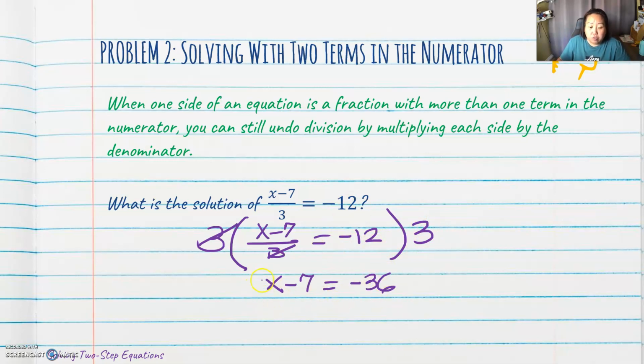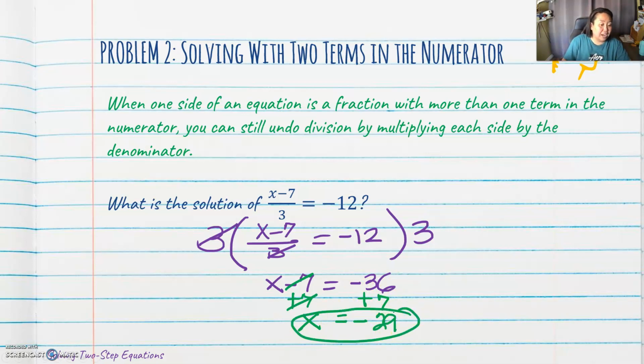To isolate our variable, we undo our minus 7, so we add 7 and add 7 also on the other side. Negative 7 and positive 7 is 0, which leaves us with x equal to negative 36 plus 7. That gives us negative 29, and that is the value of our variable.